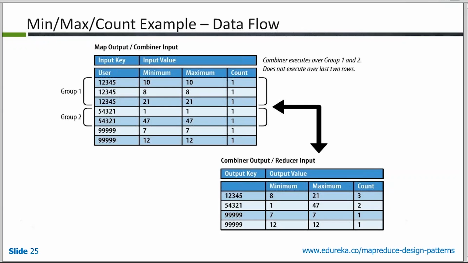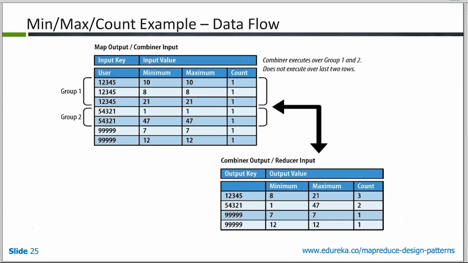Okay, before I come to the demo slide, let's look at a data flow for a very small data. As you can see, you have these group 1 and group 2 users, and this is the map output which you give to the combiner, and then you can see in the reducer input what has been reduced.